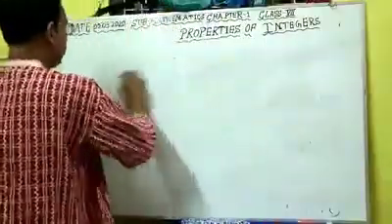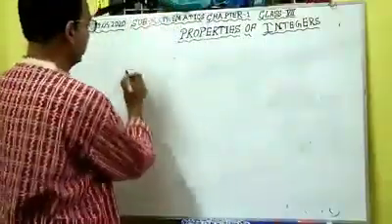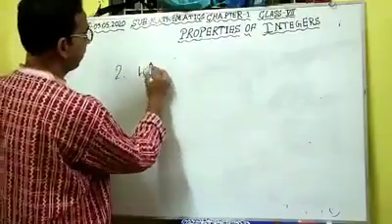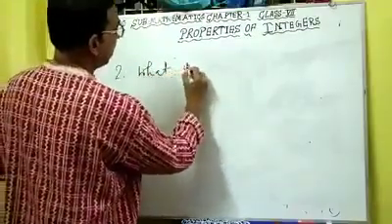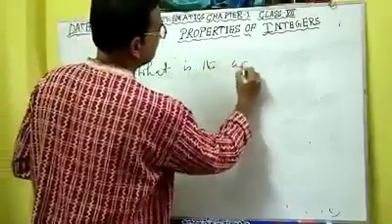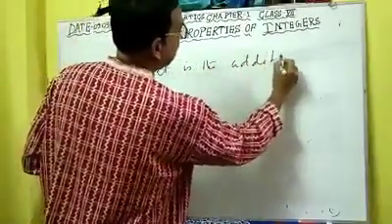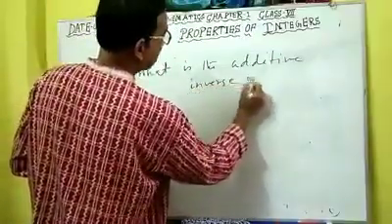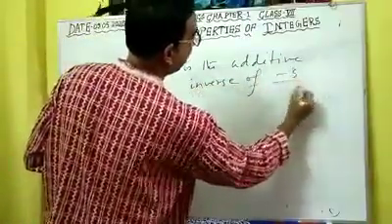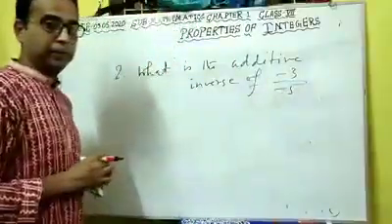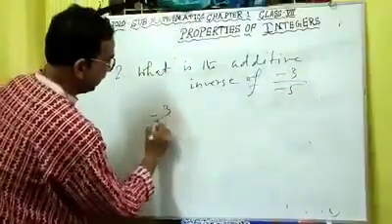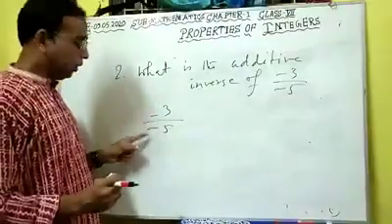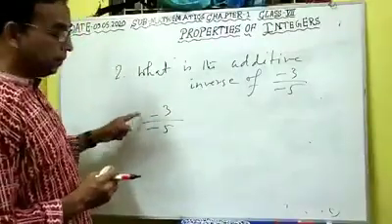The second problem, look at the blackboard. What is the additive inverse of -3 by -5? -3 by -5, both have the same signs.